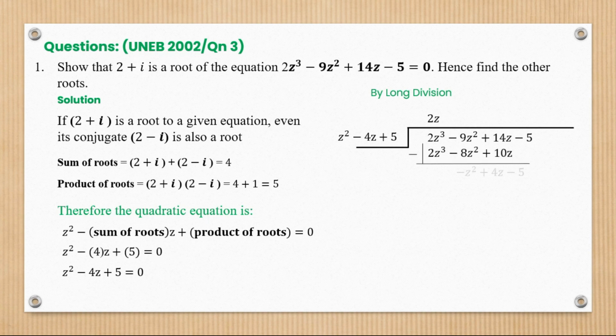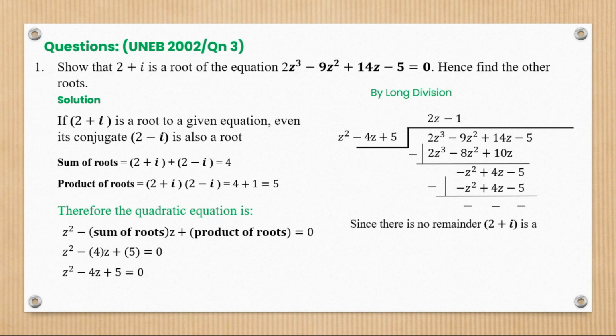When we subtract this, we end up with negative z squared plus 4z minus 5. Negative z squared divided by z squared, that answer is negative 1. So that's why we have minus 1. Minus 1 times the values on the left, we end up with that. Hence when we subtract the two values, we end up with no remainder.